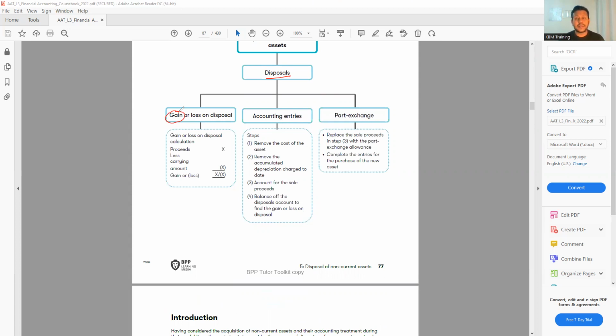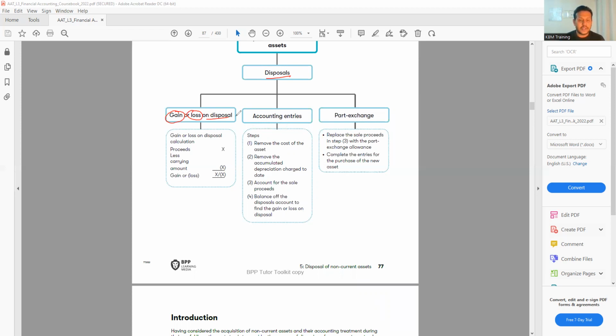It is from the capital asset, the non-current asset. For that reason, we call it gain. Gain or loss on disposal. When I sell the non-current asset, I can make a gain, or I can make a loss as well.